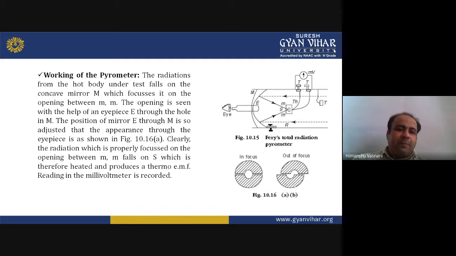The position of the eyepiece E through capital M is so adjusted that the appearance through the eyepiece is as shown in figure 10.16, in part A. Clearly the radiation which is properly focused on the opening between the small m mirrors falls on S, which is therefore heated and produces a thermo EMF.